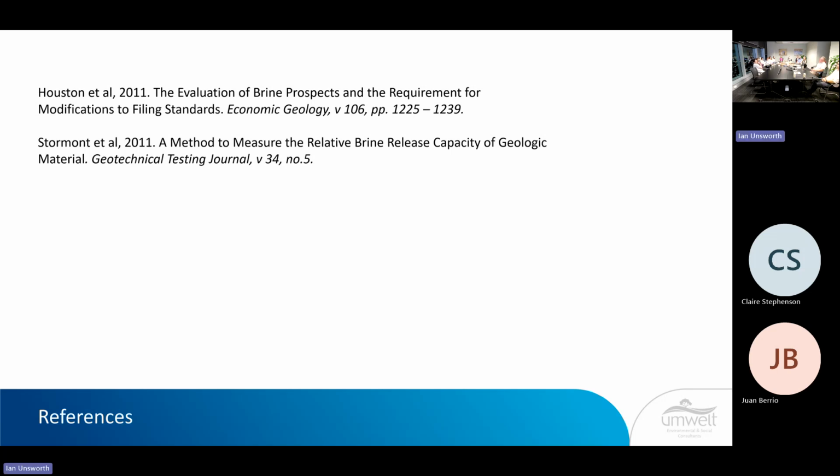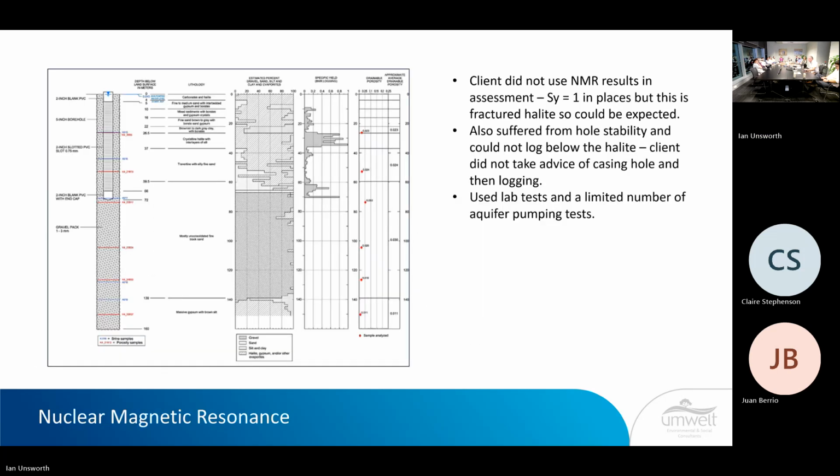Got a question. When you were comparing the specific yield from NMR and the one from the pumping test, NMR gives you probably. I didn't get that far to the pumping test. I did hope that maybe for Melbourne. So the specific yield that I compared here, the red dots on the right are from the lab test. It's a different scale as well. The specific yield from the lab test is pretty low.